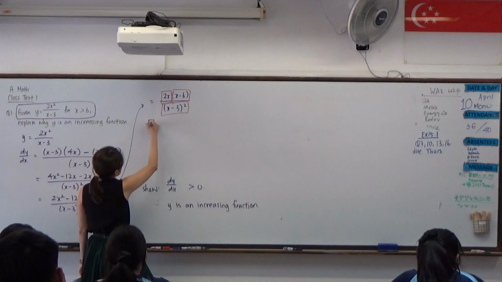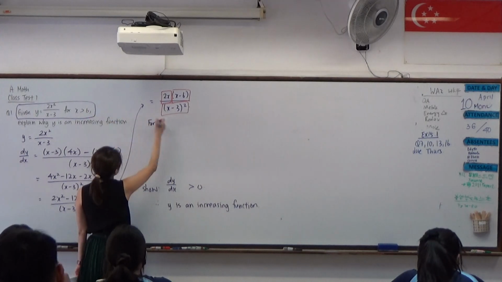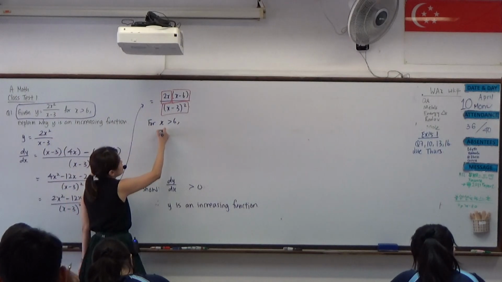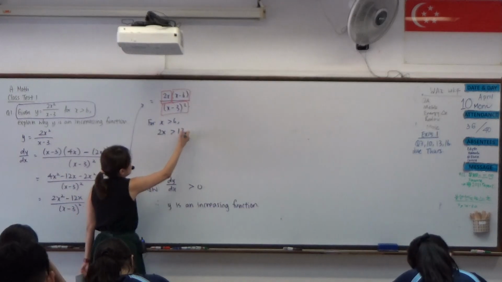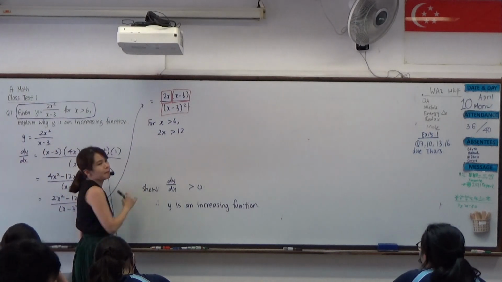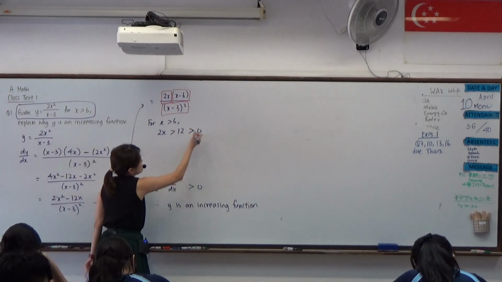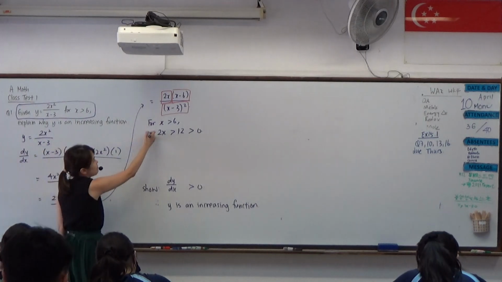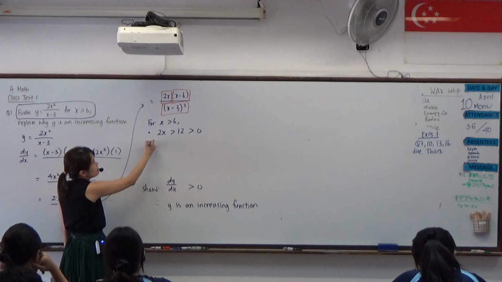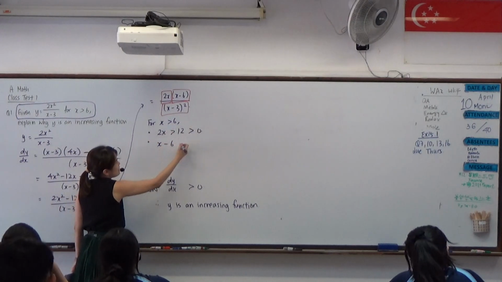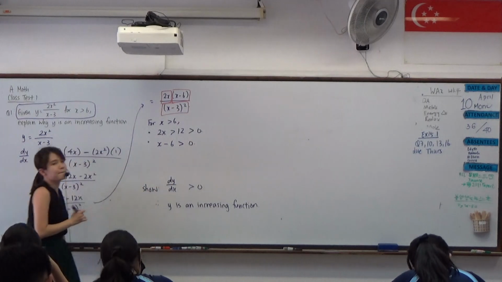So what you can do is that given that x is more than 6, our very first component is that 2x is going to be more than 12, because I can times 2 on both sides, which then concludes to us that it must be more than 0. Second component, about x minus 6: minus 6 on both sides, I will get more than 0.